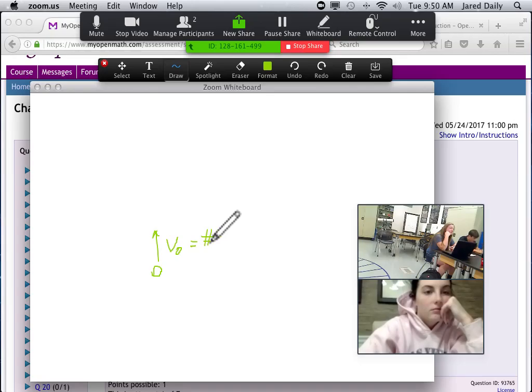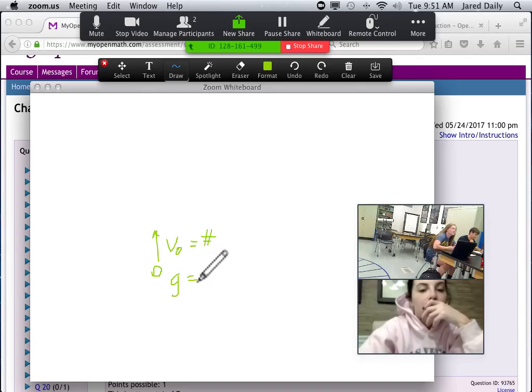What's the acceleration on the ball? If you throw a ball upward on the earth, does something try to pull it down? There's the acceleration by gravity, negative 9.8 meters per second squared. If you use the equations that already have the negative in them, you don't have to use the negative on it.